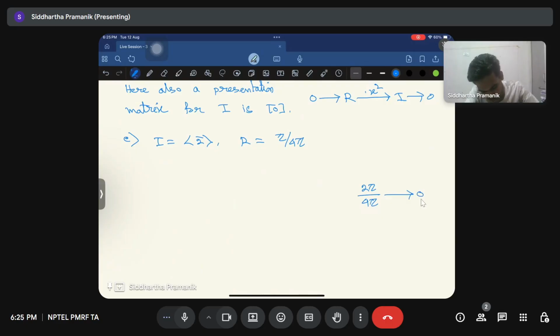Now if we take R here, it is basically Z mod 4Z, and if we multiply it by 2, then we have a surjection.